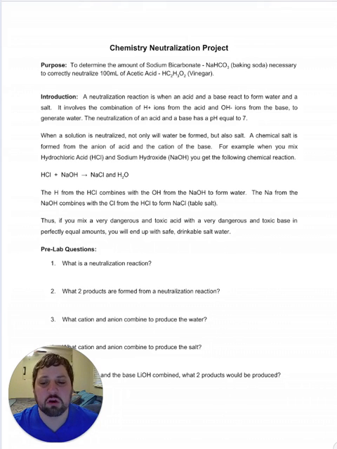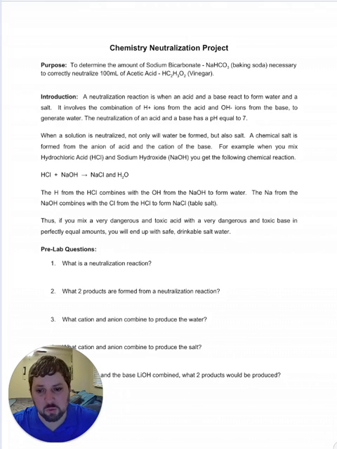For example, when you mix hydrochloric acid and sodium hydroxide, you get the following chemical reaction. HCl, or hydrochloric acid, plus NaOH, or sodium hydroxide, react to form NaCl, or sodium chloride, and H2O, or water. The H from the HCl combines with the OH from the NaOH to form water.